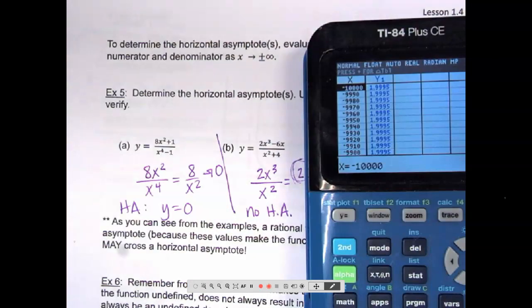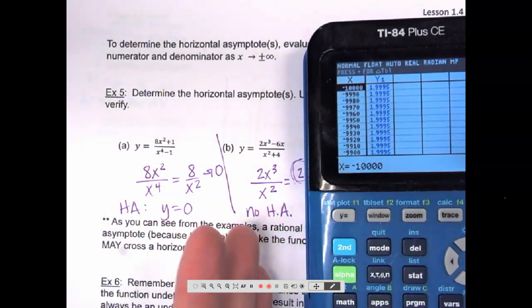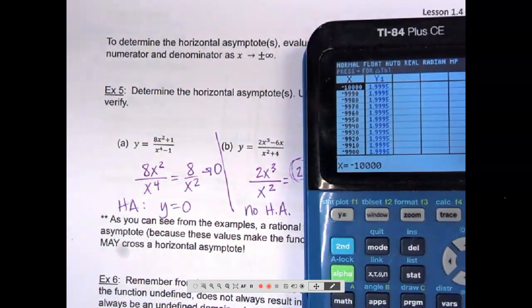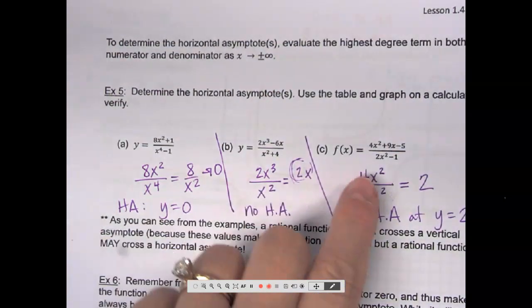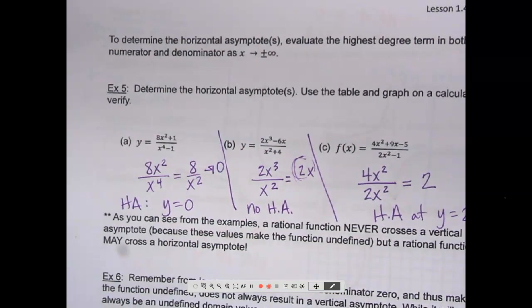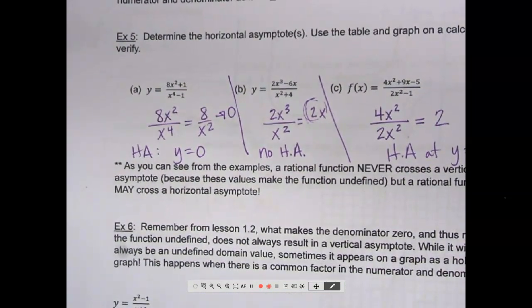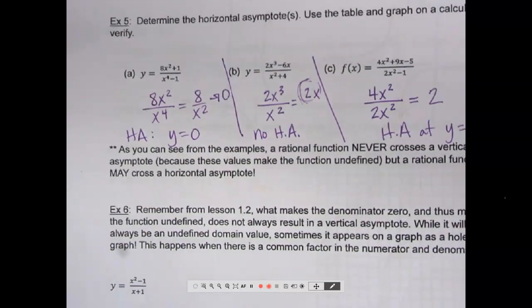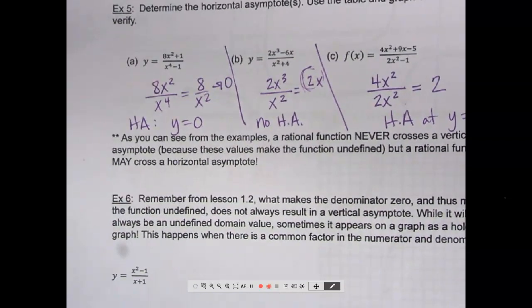And those are very clearly close to 2. So that's how you can check a table for horizontal asymptote. Just start it at something really big or really big in the negative direction and examine the decimals, or evaluate it algebraically.